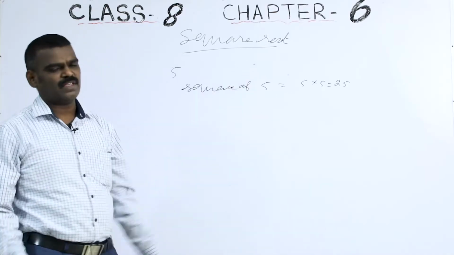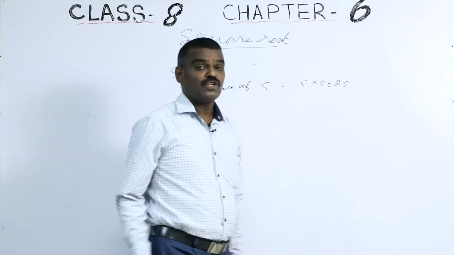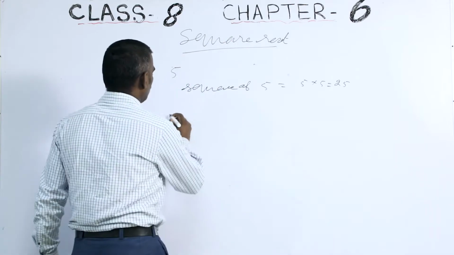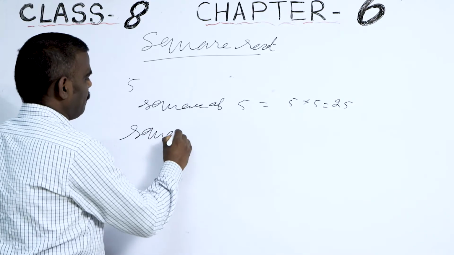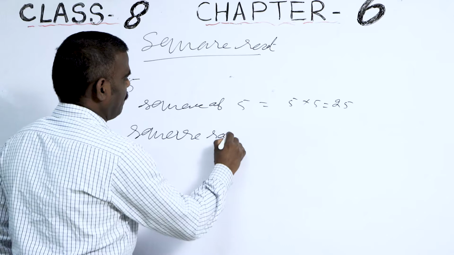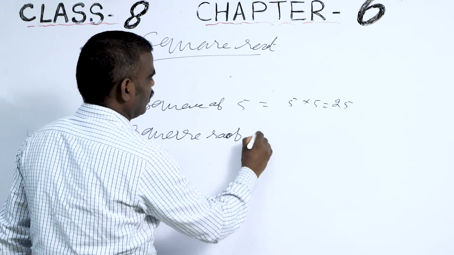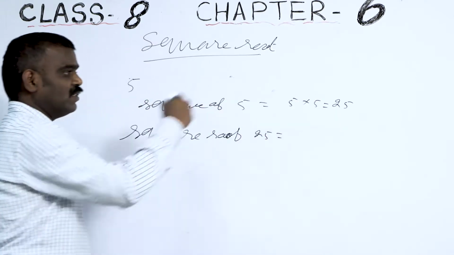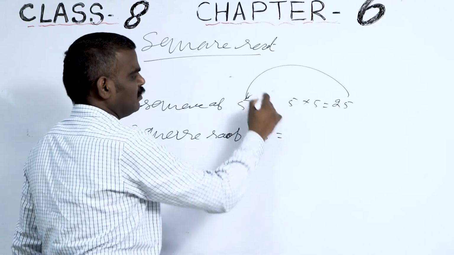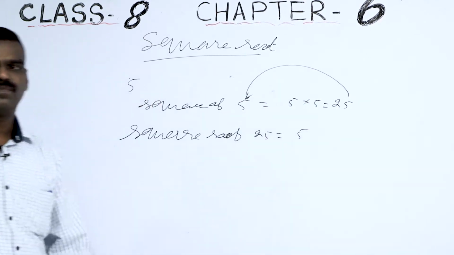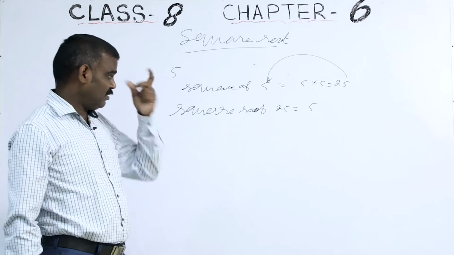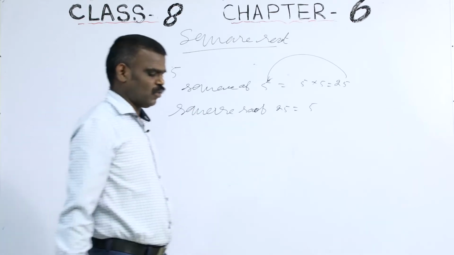So the square of 5 is 25. Square root of 25, not 5. Reverse, it will come back again. How much? 5. That is the difference between the square and square root.